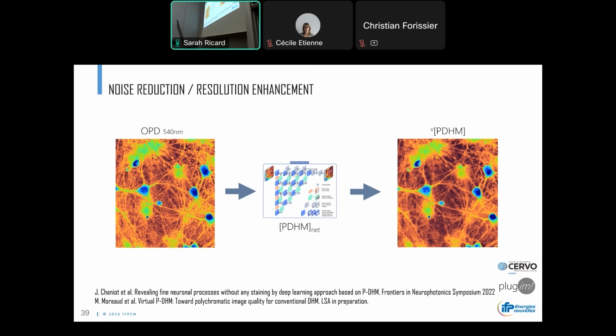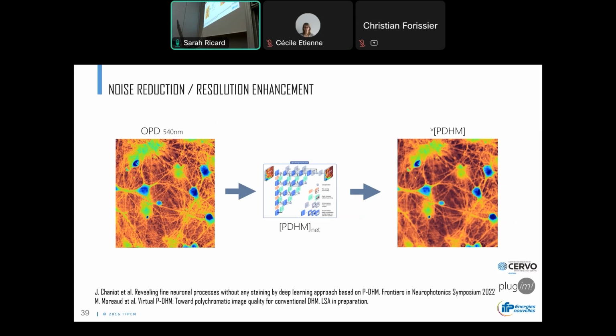You denoise experimentally, physically your image, but the drawback of this method is that it's very time-consuming and not very easy. It's not possible to do it with a conventional microscope and with a conventional laser. So the idea here is to provide something that numerically does almost the same job.